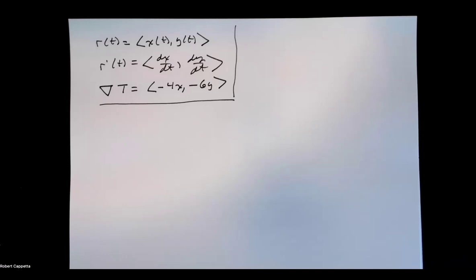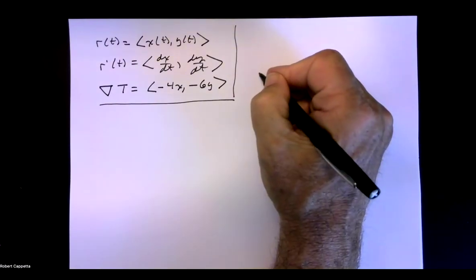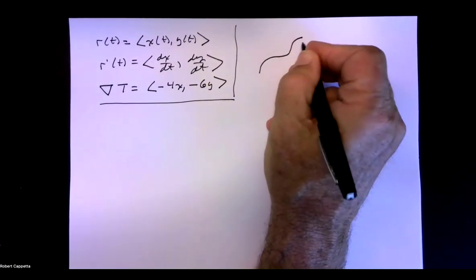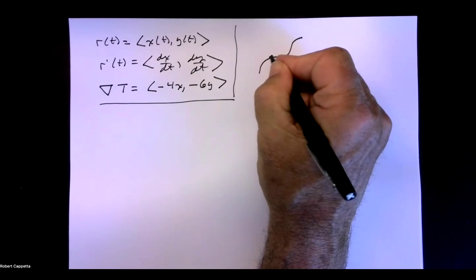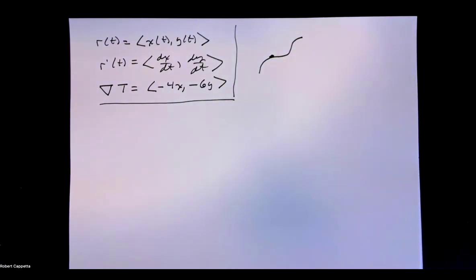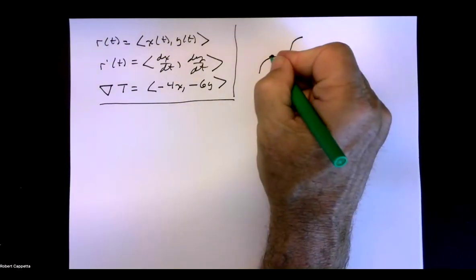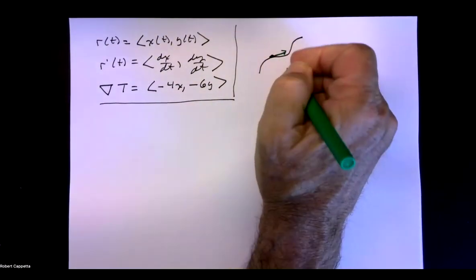And we know that it must head in the direction of greatest increase. The particle must head in the direction of the gradient. So let's keep in mind what that would represent. If this is a vector valued function, the way it's headed would be the velocity or the unit tangent vector.